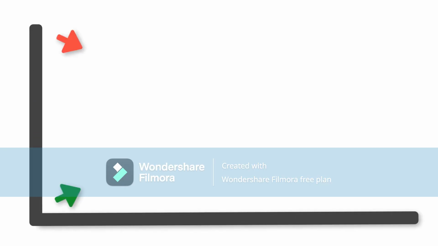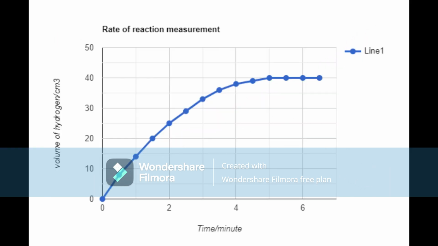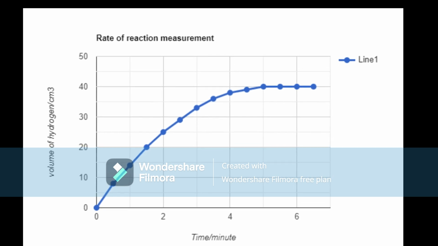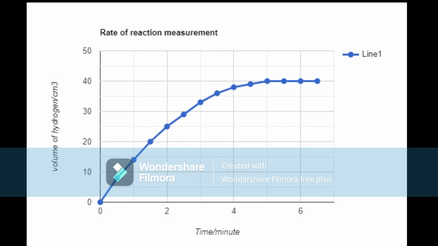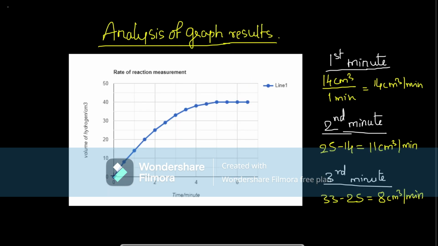When you analyze this data, time versus the volume of hydrogen gas collected, and plot the graph, it will look like this. Okay, so let's analyze what information this graph gives us.